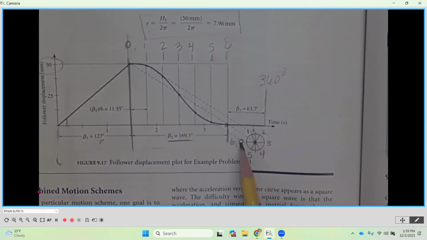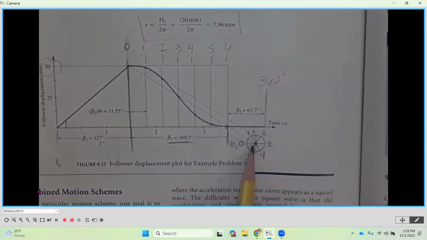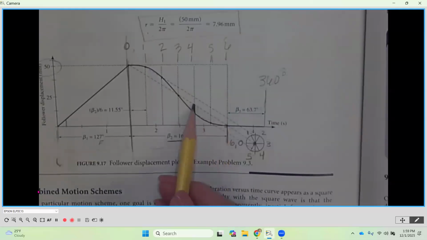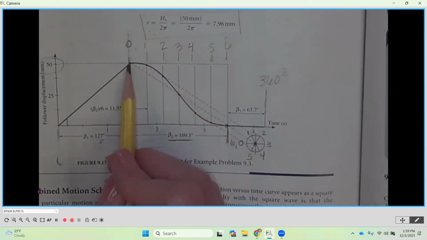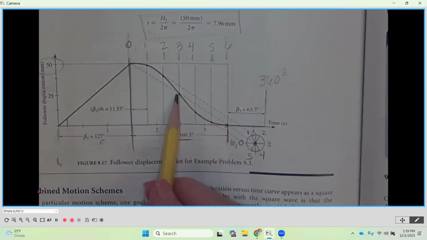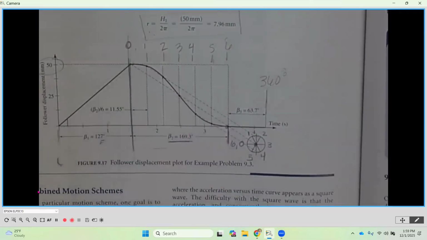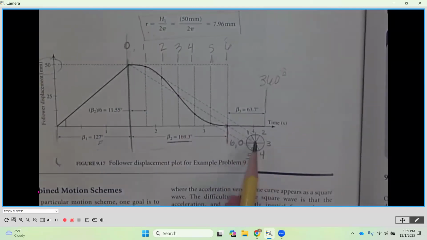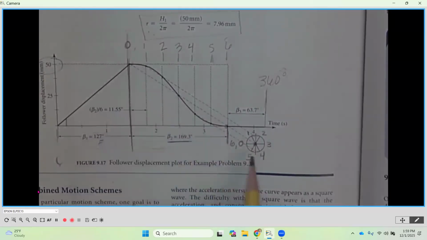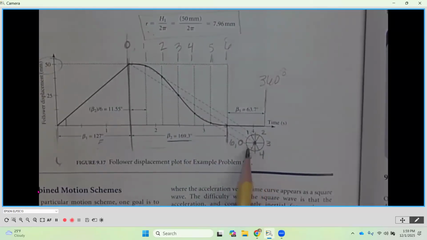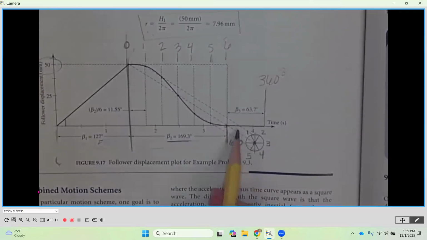So 0, 3, and 6 are going to be along this line, which they automatically will be. We had 0, 6, and then 3 is going to be the middle. Okay. 1 and 2 are going to be up here, 1 and 2. All right. 4 and 5 meet in the middle, go parallel to, and that's going to be 4 and 5.